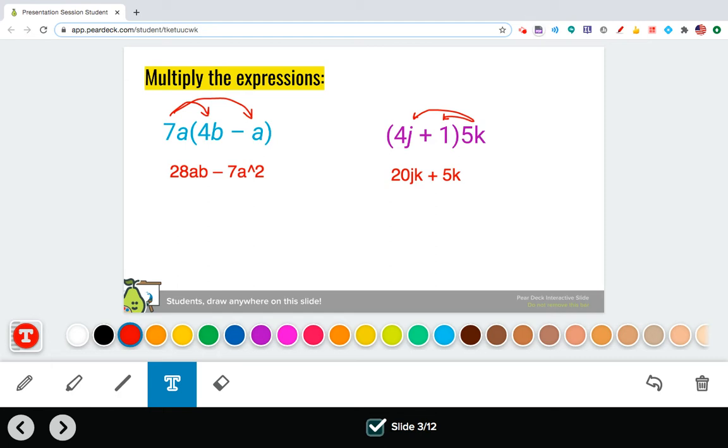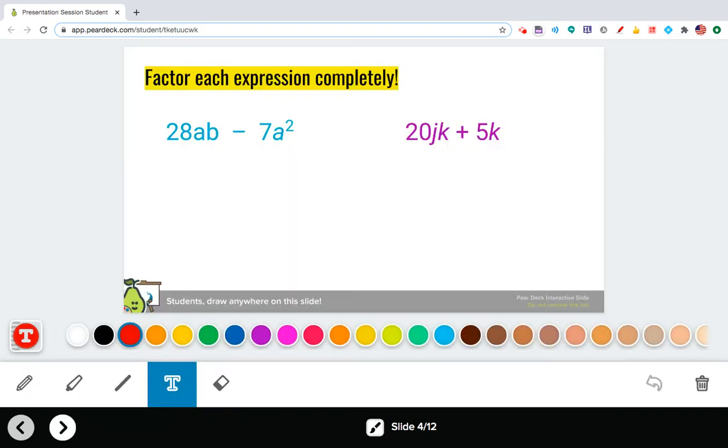When we factor, it's like the opposite of multiplying. And so in this example, we're asked to factor each expression completely. Well, these were the answers from the previous page, right? So what we want in factored form, we want at least one set of parentheses because we're going to show multiplication.